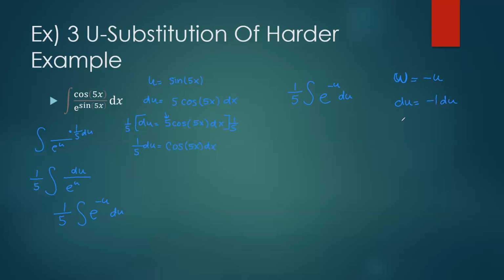Okay. So is there anything I need to get rid of? Yes. I think I don't need this extra -1. So to get rid of this -1, you multiply both sides by -1. So this is negative du, and then this is positive du.